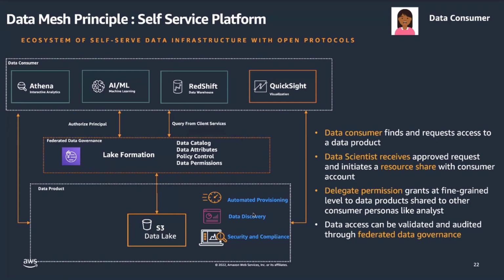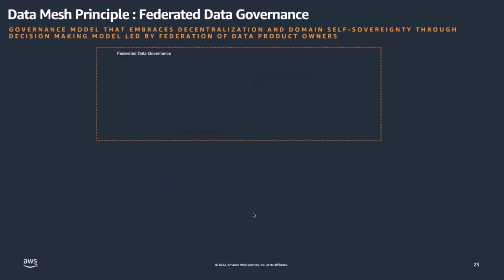So all this data access can be validated and audited from the federated data governance perspective, so that any data access that is granted, or any query that has been made by the consumers all the way into the data lake, can be audited and inferred from the governance standpoint.